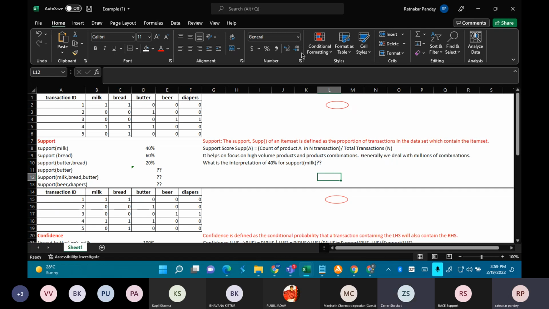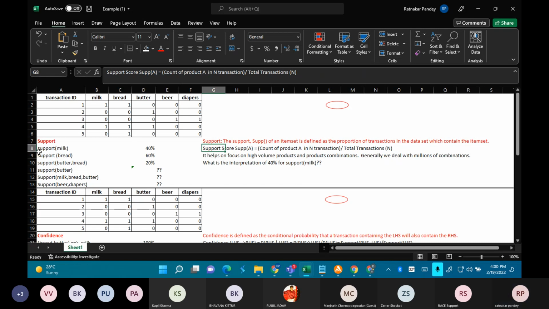So in terms of the formula, support of product A is nothing but the count of product A divided by the total number of transactions. So it's basically nothing but a frequency: out of the total transactions, how many transactions had this item.